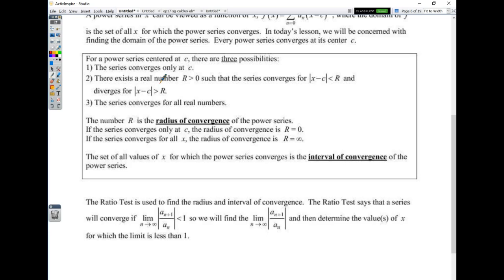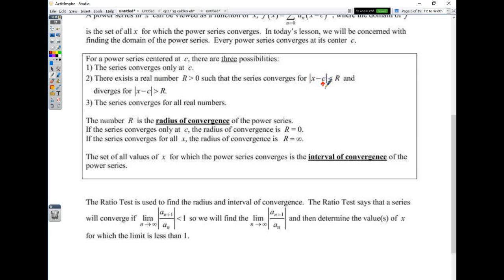Now, let's talk about R real fast. I keep using this word radius. What is a radius? It's the distance from a center to the edge. Now, if I'm talking about an x, and x is on the number line, I have a center C, right?